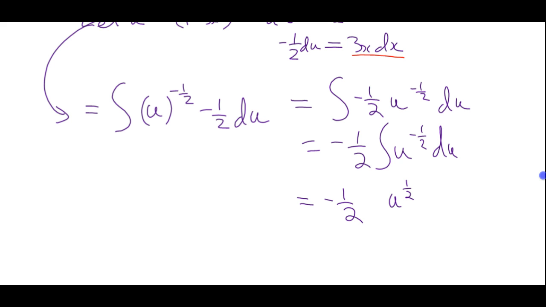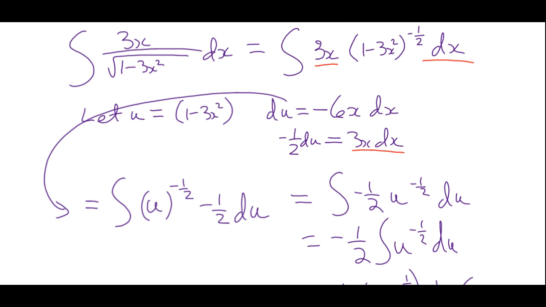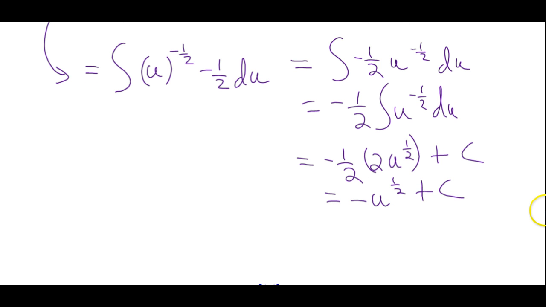Or multiply by 2. So we have negative 1/2 times 2u to the 1/2, which will just be negative u to the 1/2 plus c, but u is 1 minus 3x squared, to the 1/2.